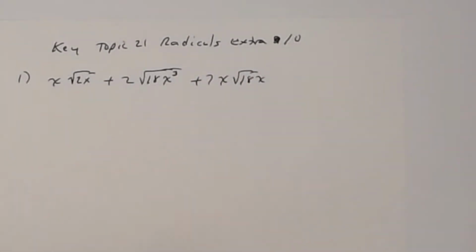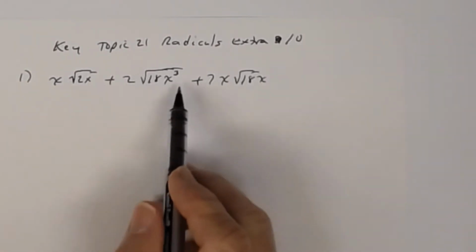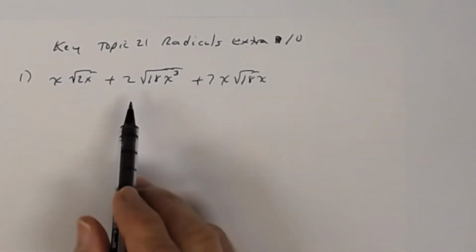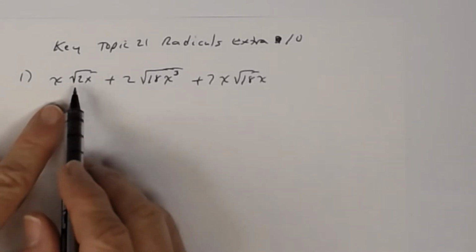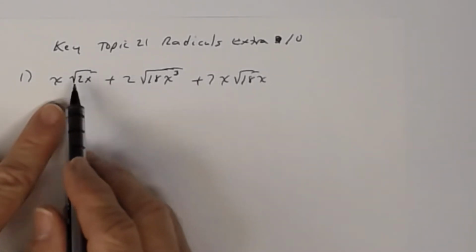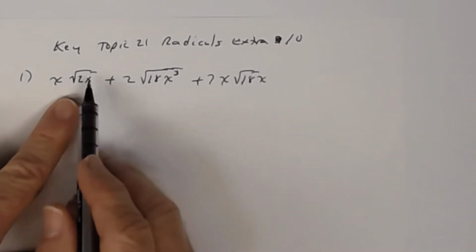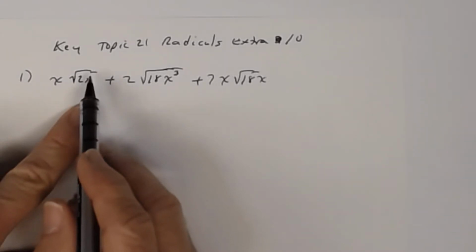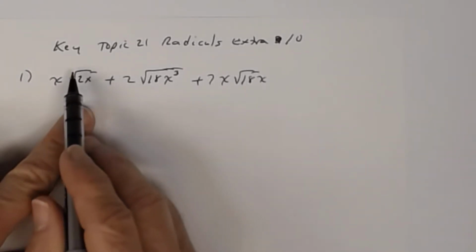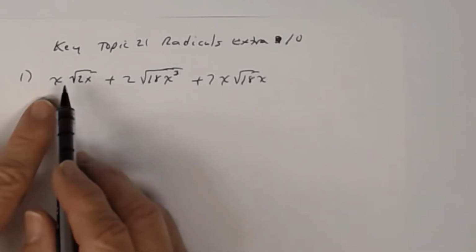Almost all of these problems will involve lessons and experiences from previous lessons, so remember how to simplify radicals. There are three terms here. In the first one, the square root of 2x, you cannot simplify the square root of 2, and you cannot simplify the square root of x because the exponent of 1 is less than the index. So I can't do anything with this.